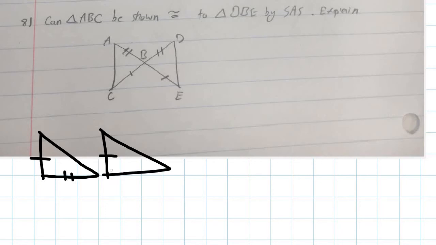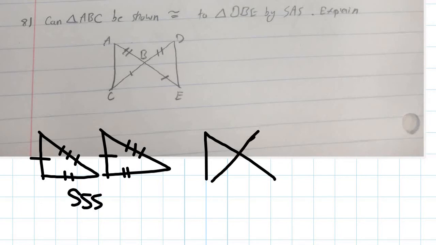One side, another side, and a third side. That's called side, side, side. Then another situation would be where, for example, you have a pair of congruent sides and then a pair of congruent angles and then another pair of congruent sides. And this would be called side angle side.